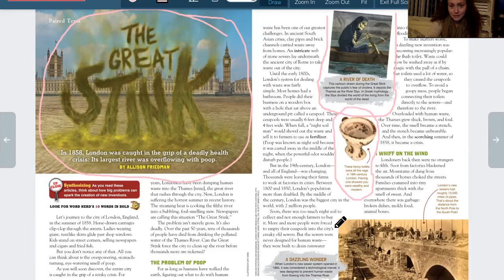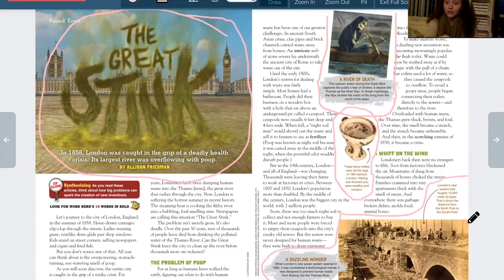All right, next, let's look at this one down here. At first glance, it looks like a building of some sort, but let's look into the captions so I can learn more about the picture. London's new sewers had roughly 13,000 miles of pipe. That's about the distance from the North Pole to the South Pole.